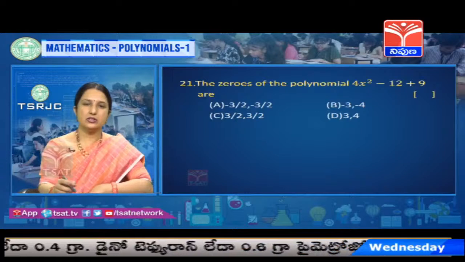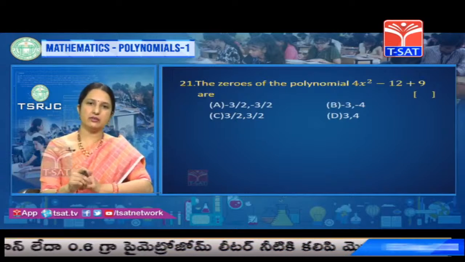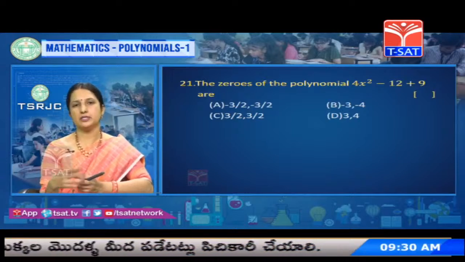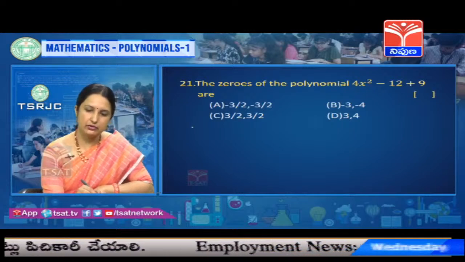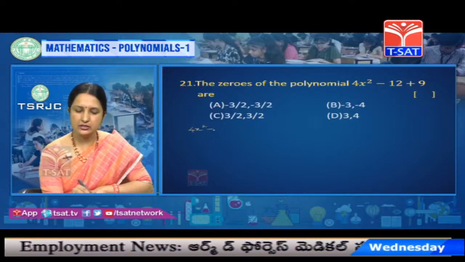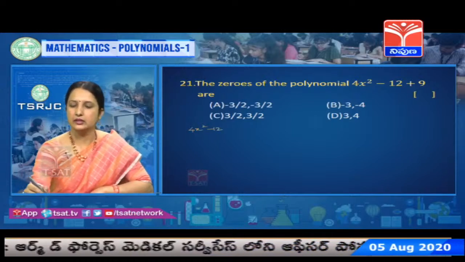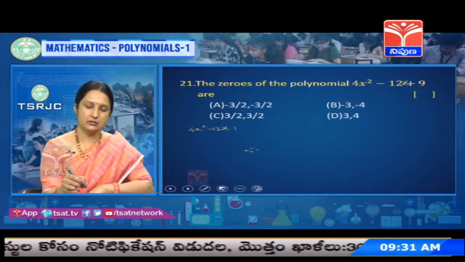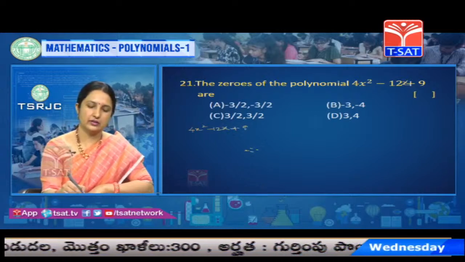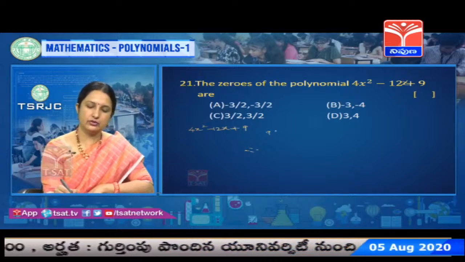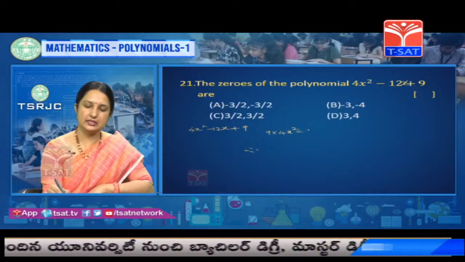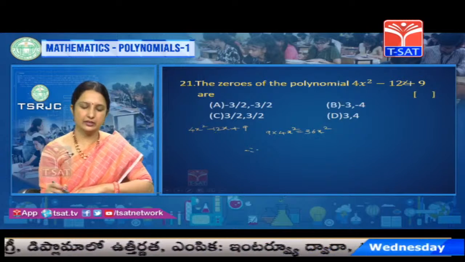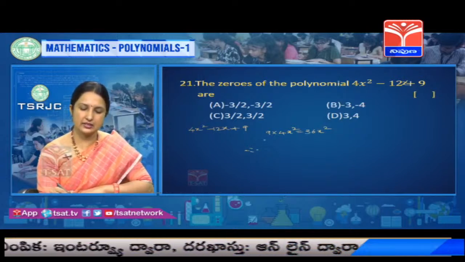The next, the zeros of the polynomial. Here also, for finding the zeros of the polynomial, you can either go from the question to the answer or from the options to the question. First we will see 4x square minus 12x plus 9. 9 fours are 36x square. 12 we should get, na, 36: 6 6s are 36.